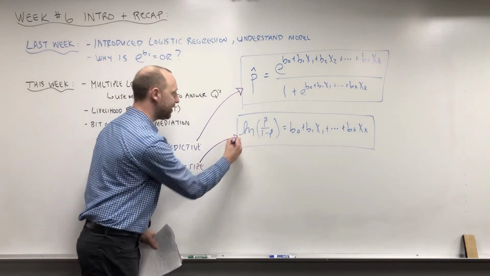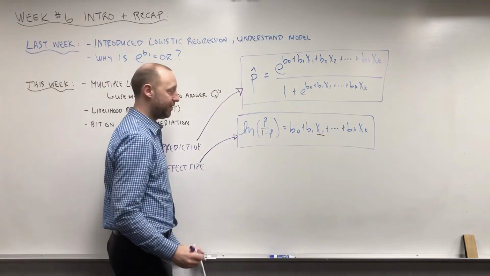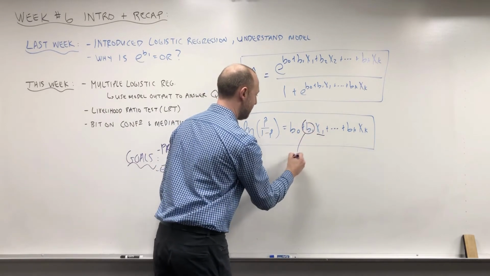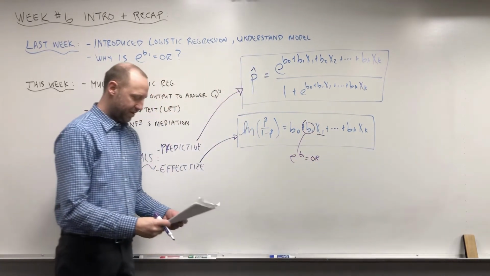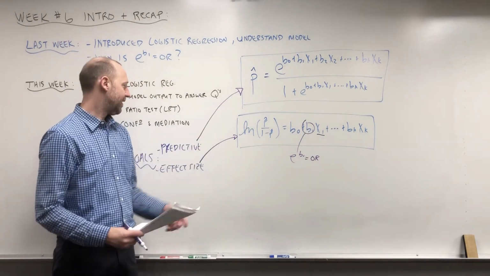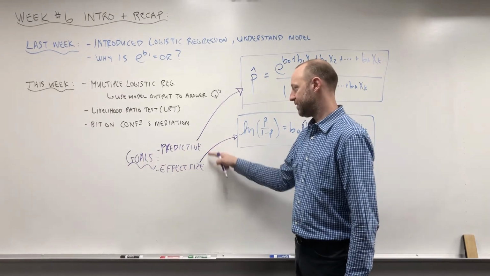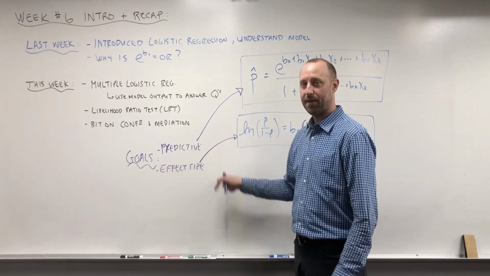If we're building an effect size model, what effect does some variable, say x1, have on the outcome? We're going to look at it in terms of the log odds. We saw if we exponentiate this, it gives us an odds ratio. I just wanted to put that reminder, as well as the way we go about building these models, selecting variables, differs a little bit. We talked about model building and variable selection in a previous lecture.